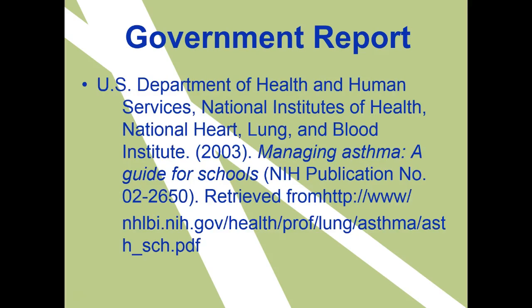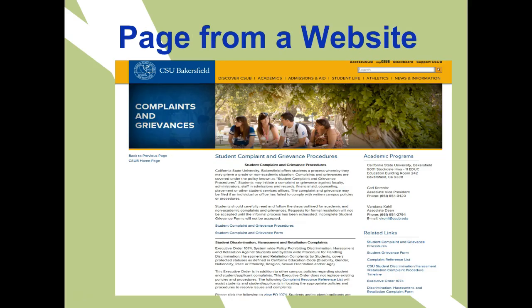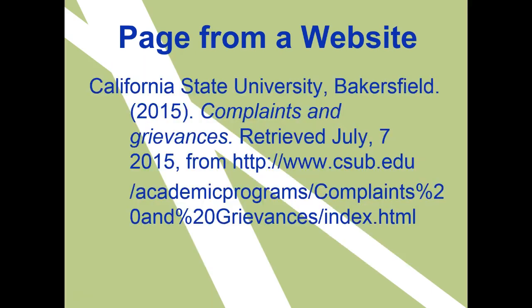Here's just a classic example. Unfortunately, there is an error here. That should be "retrieved from," and there should be a space between "from" and HTTP. So this would be a website from which you downloaded a government report. A page from a website, again, might be common in papers you write.